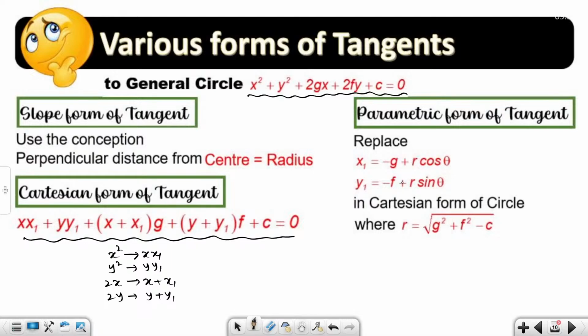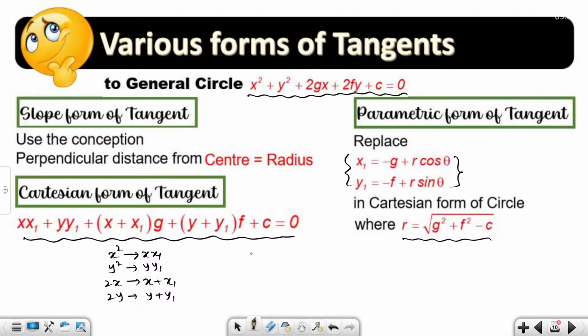Now, for the parametric form, for any general circle, we know that any point on the circle is minus g plus r cos theta and minus f plus r sin theta, where r is root over g square plus f square minus c. So now, as these 2 points are on the circle, to find out the parametric form of the tangent, I will simply replace x1, y1 by these 2 values.